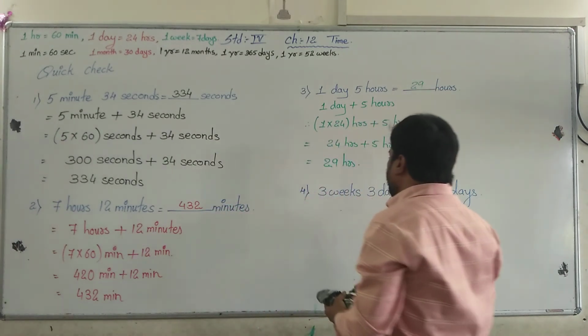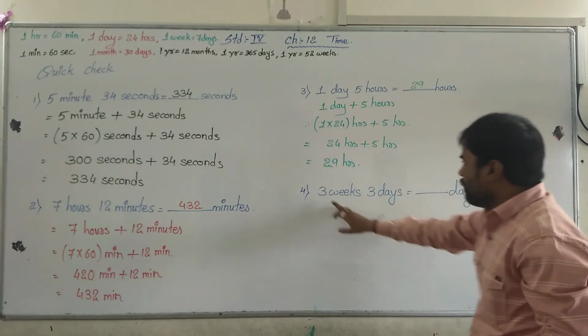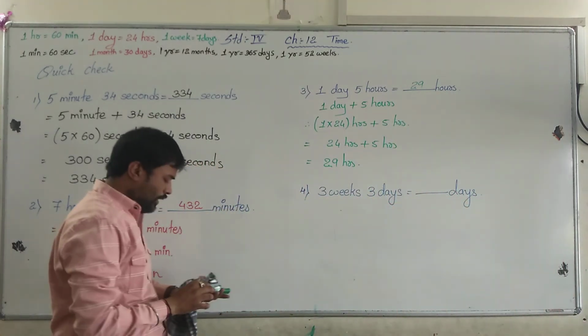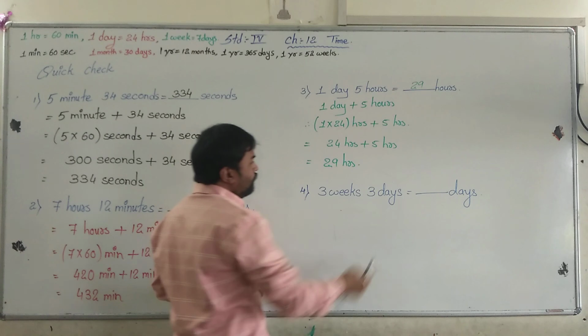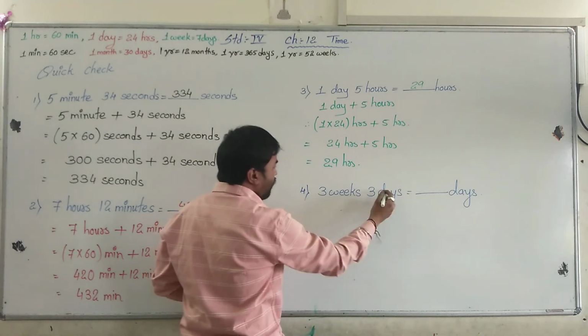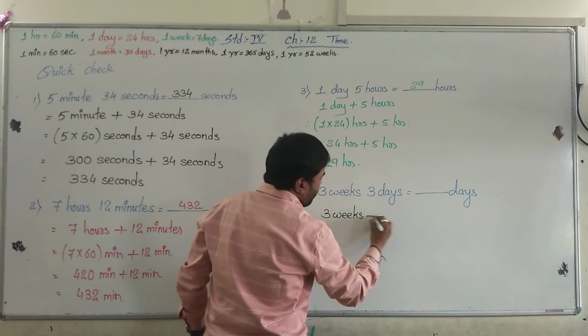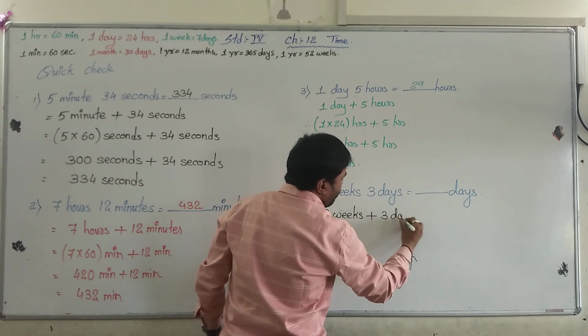And the last one, 3 weeks 3 days, and I have to convert into days. So I am going to split these two: 3 weeks plus 3 days.